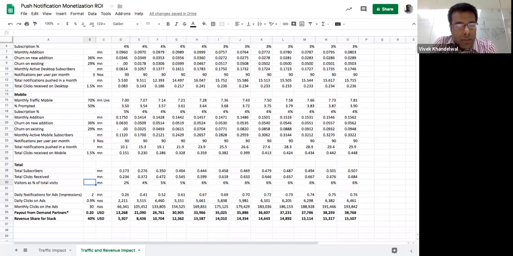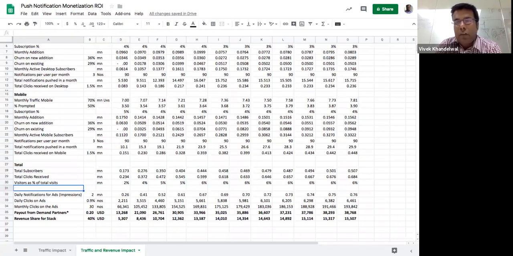Now there is a twofold impact of this traffic on your monetization capability, right? The first is the increased ad impressions which you would see on your current website itself, right?